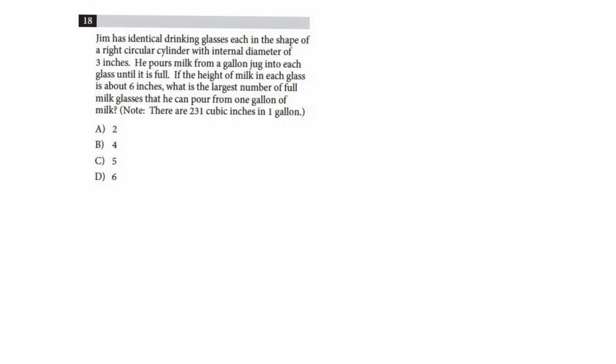Okay, well, let's figure out how many cubic inches are in one of these glasses. The volume for a cylinder is going to be the area of the base, which is pi r squared, times the height. The diameter is 3, so that means the radius is going to be 1.5.